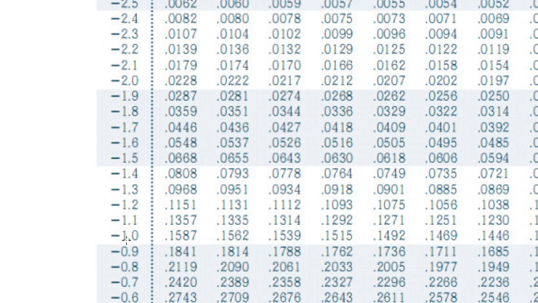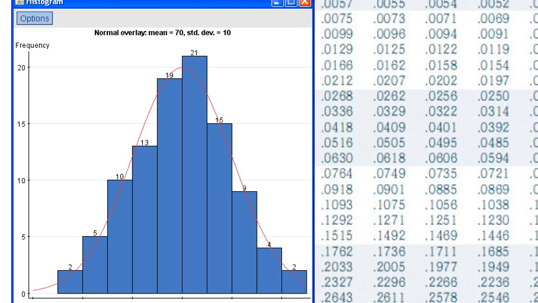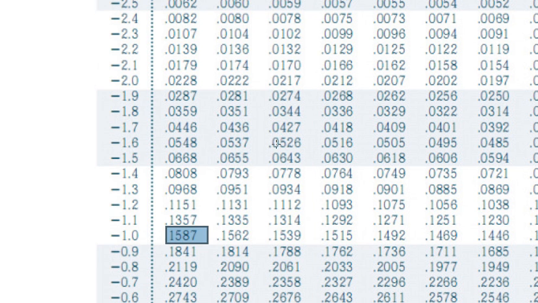So -1, here's 1.00, so -1 is right here. So the area under the curve is 0.1587. Going back to my histogram, not exactly what we got, but it was pretty close. I think we got 0.17. Okay, so that's how we use the normal density curve. I'm going to demonstrate that more thoroughly.